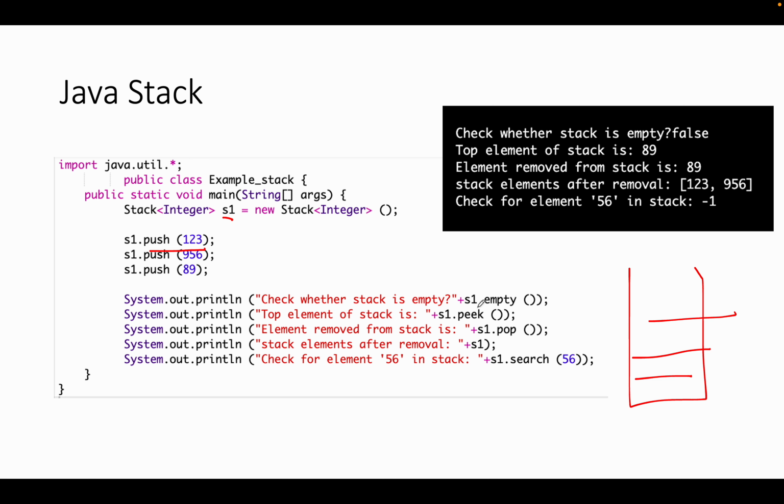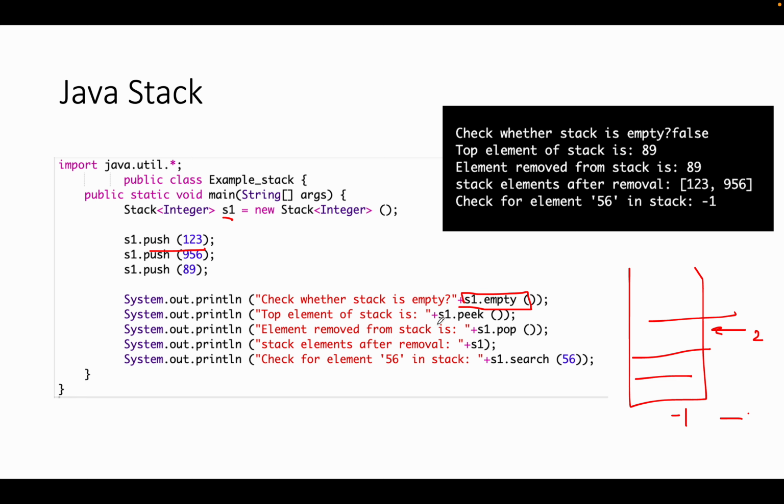Then we would like to check whether the stack is empty or not, so we call S1 is empty. The pointer, the top one, points at position 0, 1, 2, and so on, right? So it is not empty.